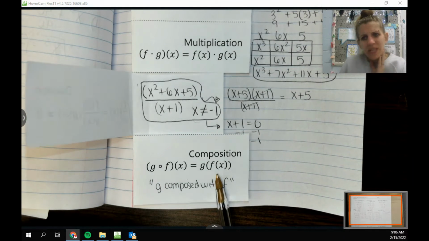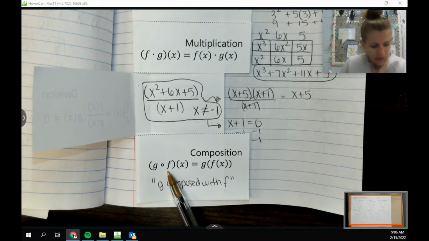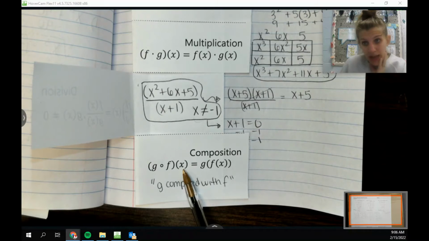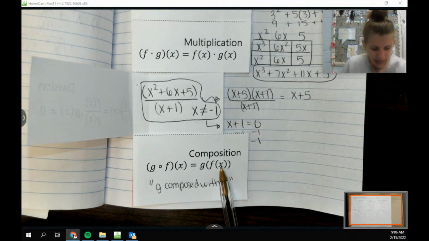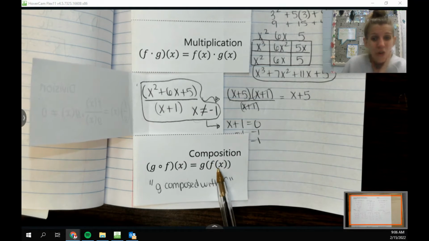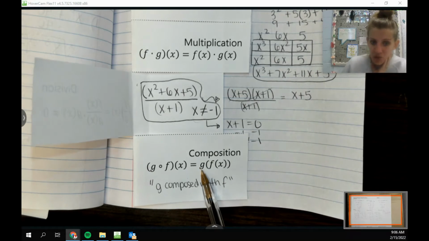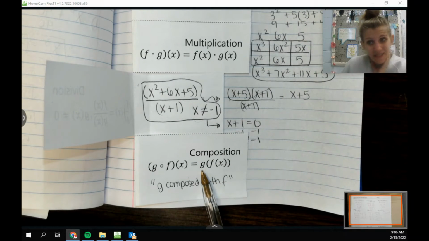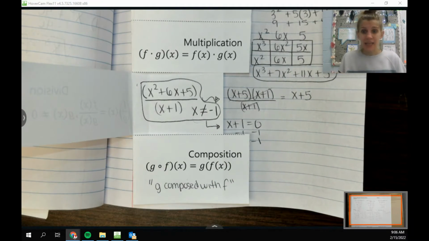And so what's kind of happening here, remember, this is saying g composed with f when I input x. Now x is my input, and I can see that x is being input into f, and then the whole f function is being input into g. So that's really interesting. We're taking a whole function as an input.